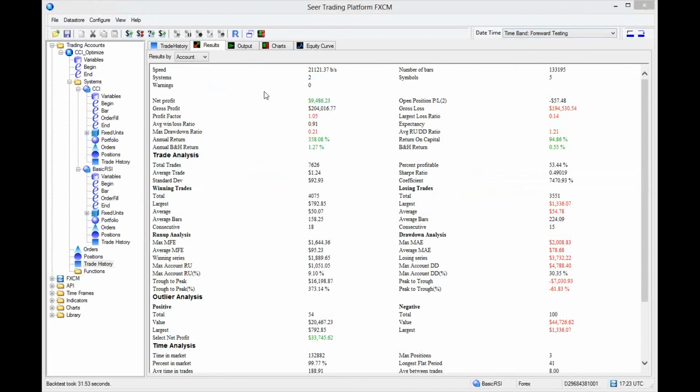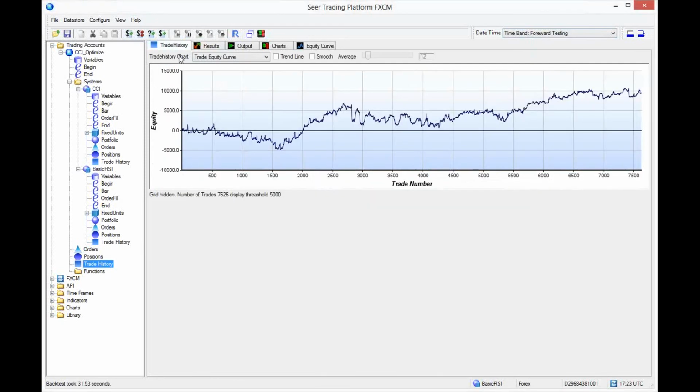Obviously reducing our exposure would give us a very good system. And of course, we can look at our forward testing equity curve, and that's pretty much what it looked like. So John, I hope I answered your question about forward testing.